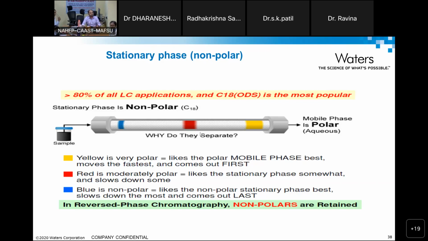It will show some interaction with the stationary phase, and hence it will elute after the yellow compound. And blue, being highly non-polar compared to red and yellow, will like the non-polar stationary phase surface of the column, and it will slow down. It will have more retention on the column's stationary phase surface, and it will elute last.